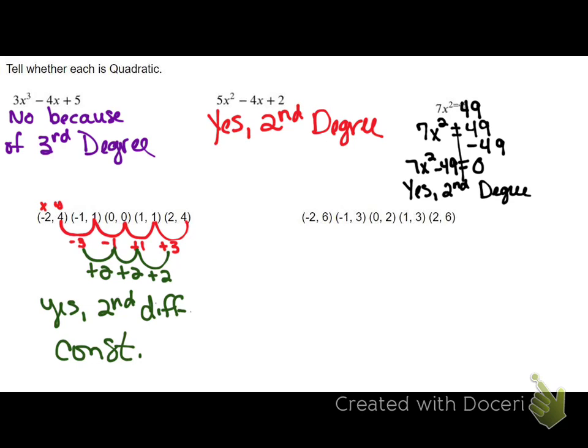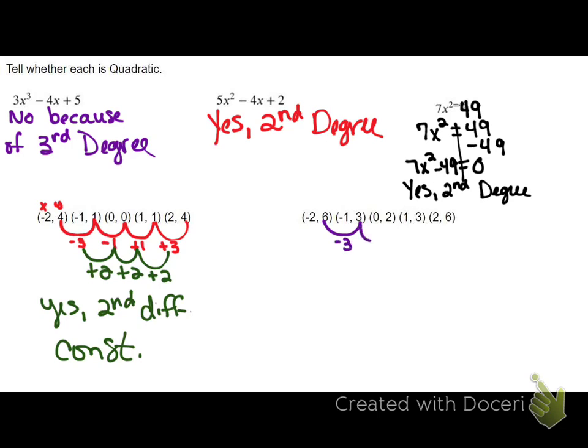Okay, ready for the last one? What am I comparing? What am I trying to find the difference of? 6 and 3. So what's that going to be? Minus 3.